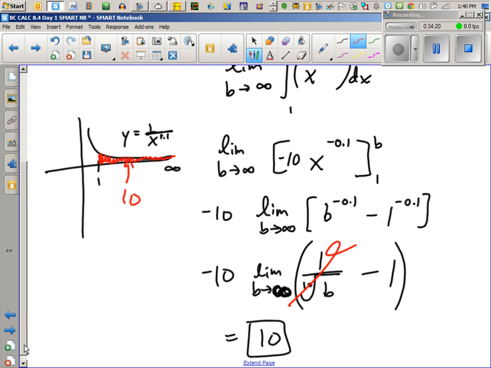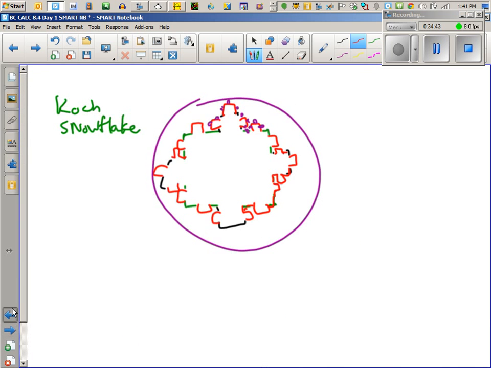X to the first has an antiderivative. X to the 0.1 has an antiderivative. X to the 0 has an antiderivative. X to the minus 1, that's ln. That's the odd man out, isn't it? You ever notice that? When you do antiderivatives, you can add a power, but not when you have x to the minus 1. If you have x to the minus 1, you cannot solve it by adding a power.